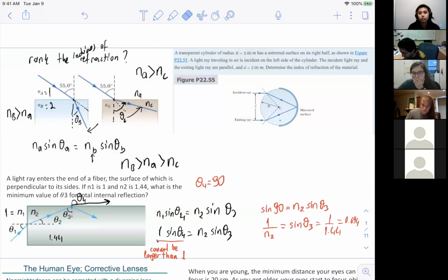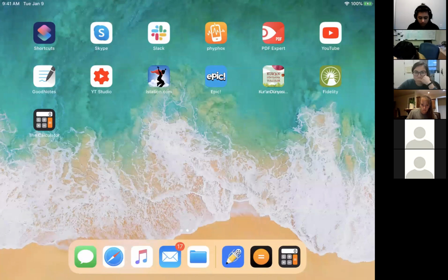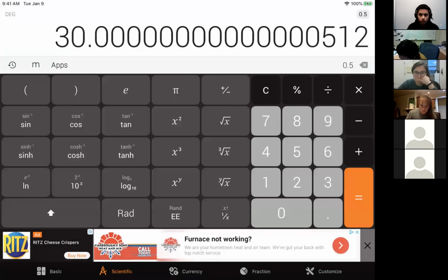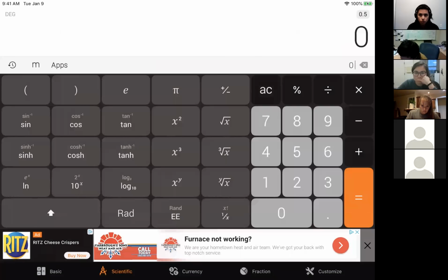But one thing you must be careful about is whether the calculator is set for radians or degrees. So, for example, if I open a calculator, you see functions here like sine and inverse sine. If you know the sine of 30 is 0.5, right?